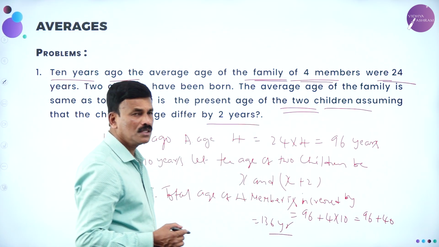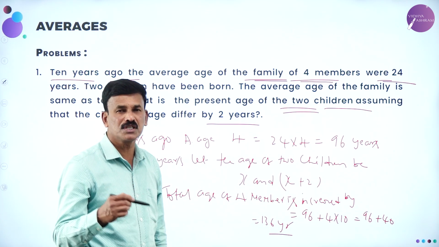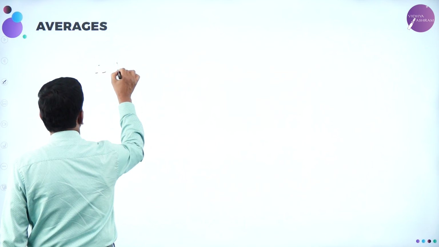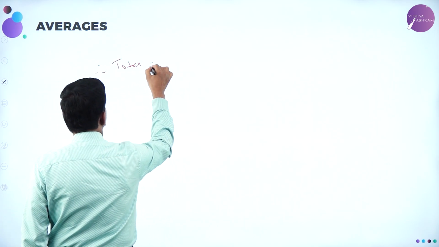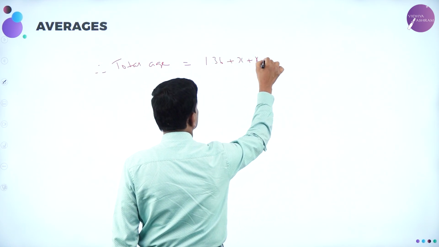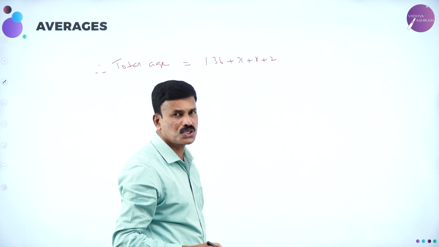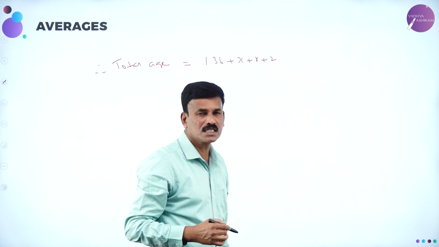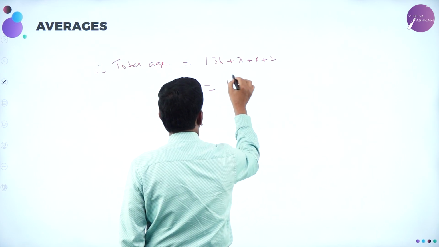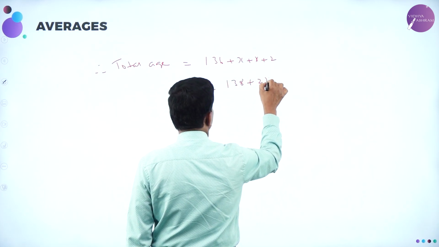Now, the total age of the 4 members plus the 2 newly born children is 136 plus x plus x plus 2. What is this equal to? This is 138 plus 2x.